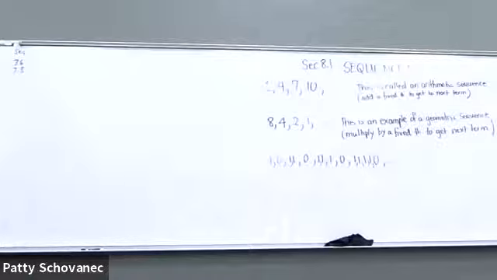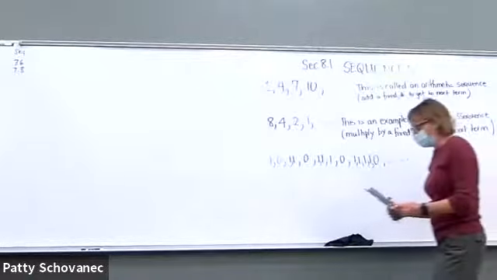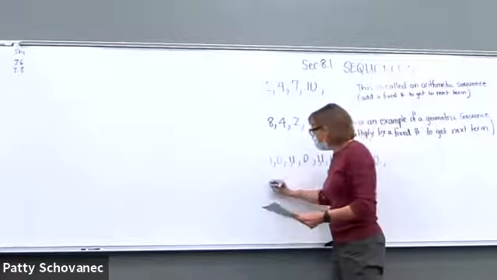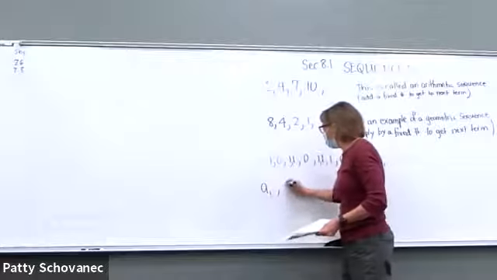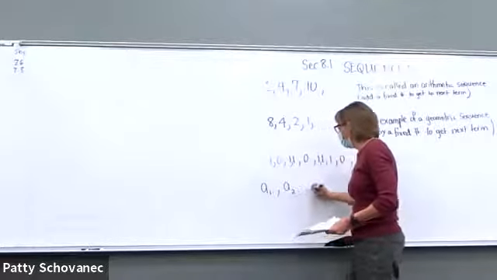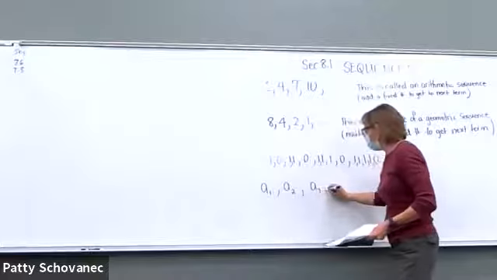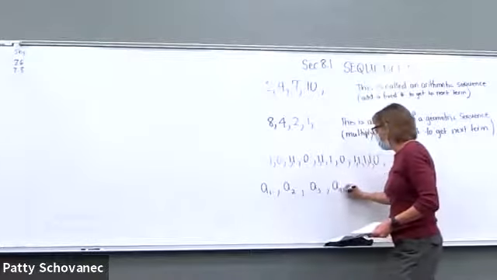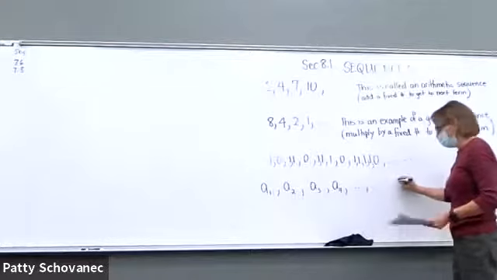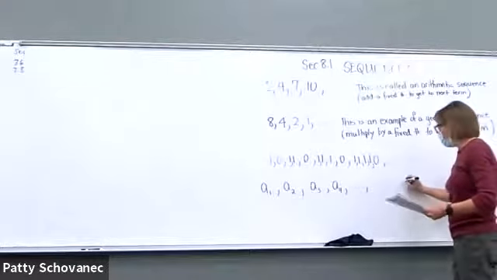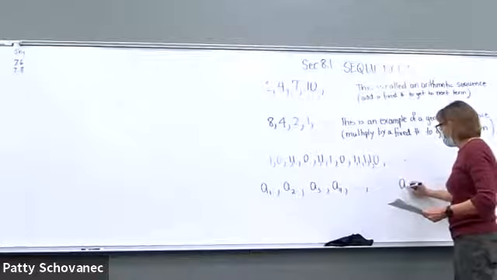But a sequence is a list of numbers. In general, I'll write a sequence like this. I'm going to use subscripted lowercase letters of the alphabet to denote the terms of a sequence. It's going to be an infinite sequence. So somewhere out here, I might come to a term that I denote as a_n.